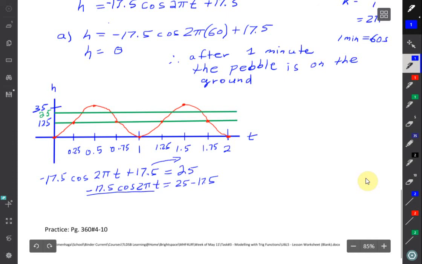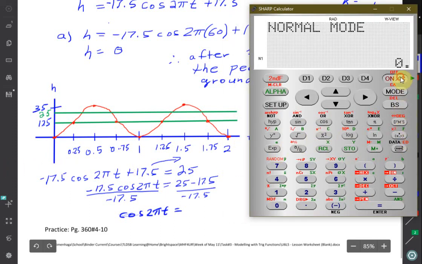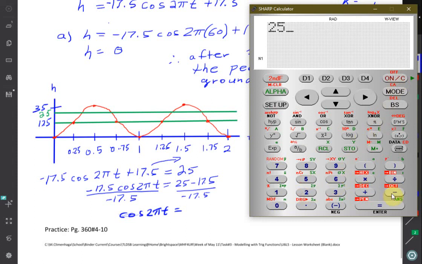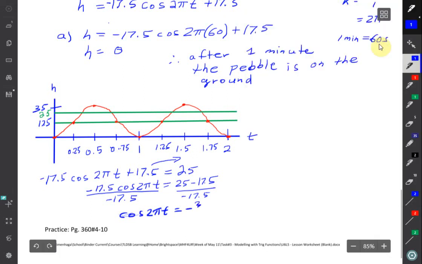Now, if we divide both sides by minus 17.5 to get the cos 2 pi t, now what we have is the cos of 2 pi t is equal to, and we'll work out that value, 25 minus 17.5 divided by minus 17.5. That equals minus 3/7.